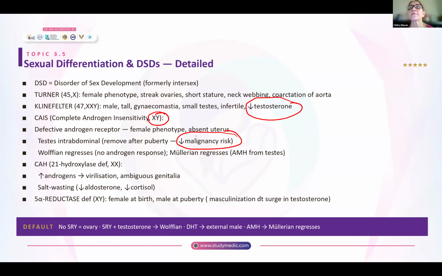Then congenital adrenal hyperplasia. Here also it is called disorders of sexual development. In the male, nothing will happen because there are excess androgens. You will not get ambiguous genitalia, you will get normal formation of the genitalia. But if it is a female fetus and there is 21 hydroxylase deficiency, what is happening in the adrenal is that there is increased production of androgens.